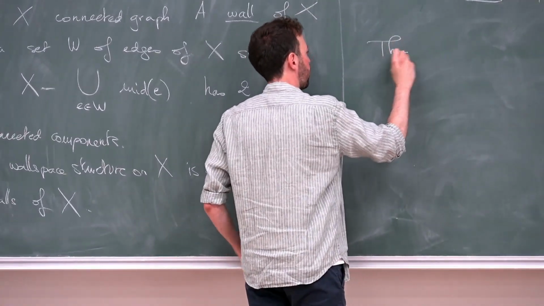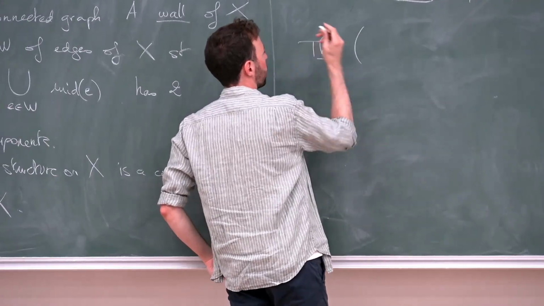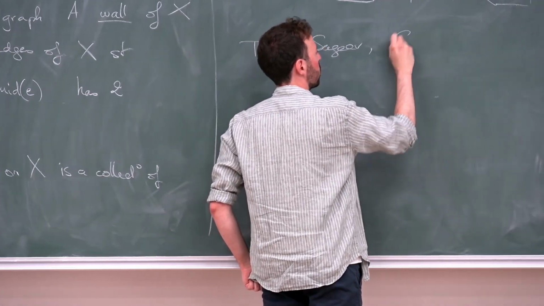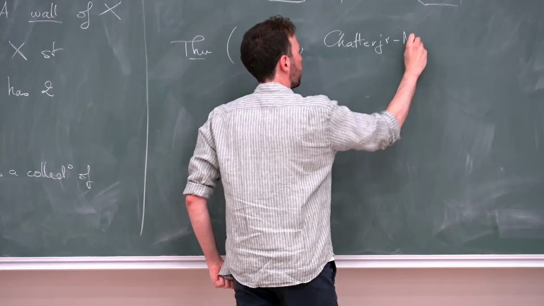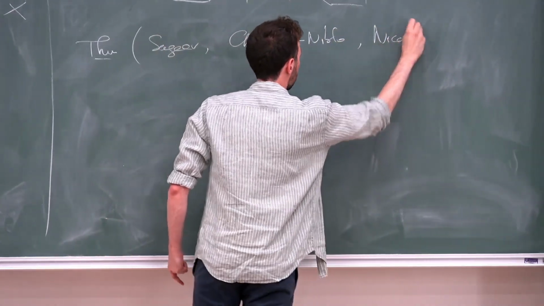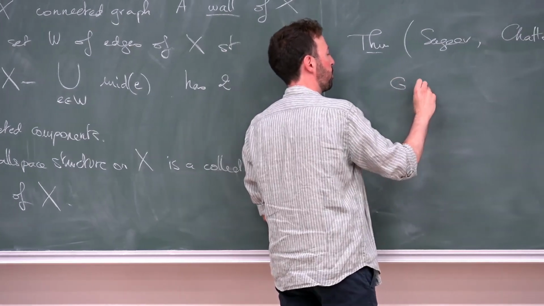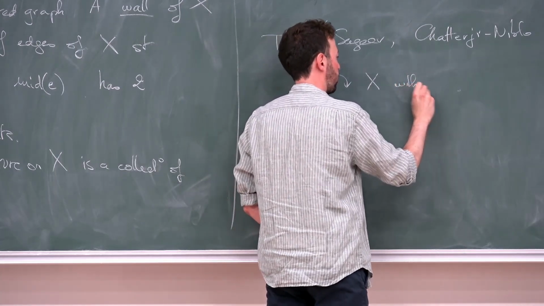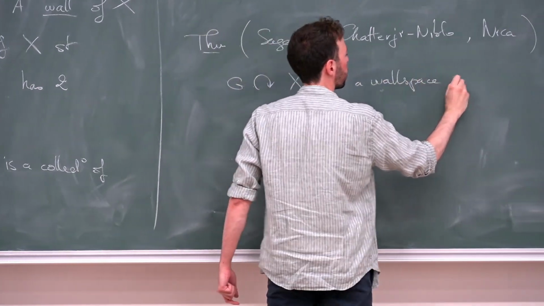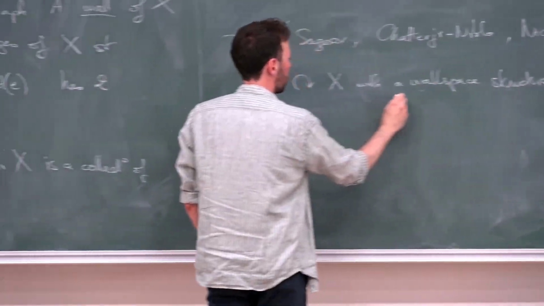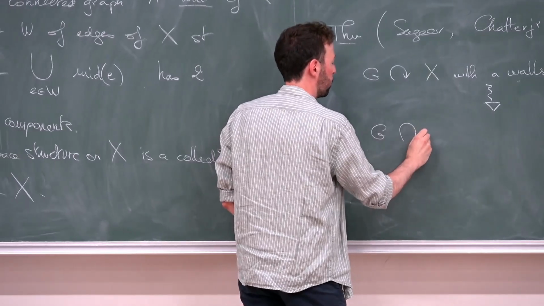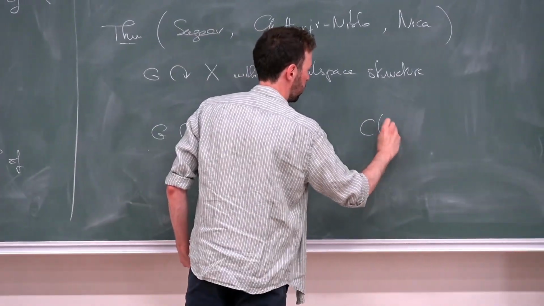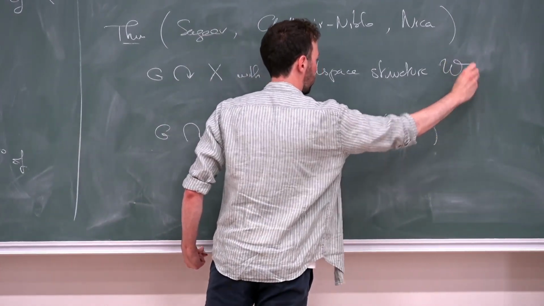So it's a theorem that started with the work of Sageev, and then the real formalization is due to Nica: if you have an action of G on a graph with a wall space structure, then out of this you can construct an action of G on what's called the dual CAT(0) cube complex.